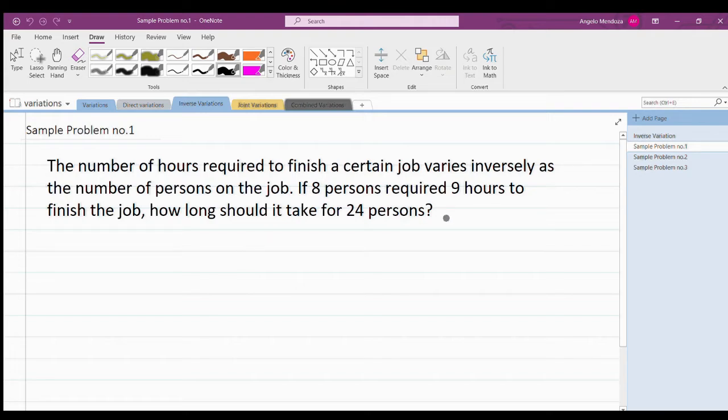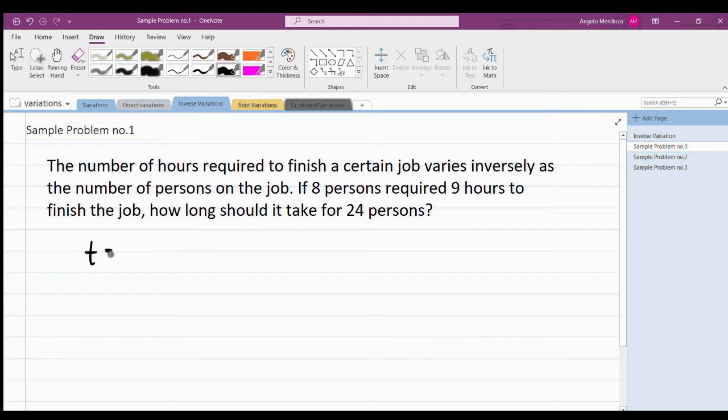We know that the number of hours required to finish a job varies inversely as the number of persons on the job. So let's take the number of hours as our t, or time.